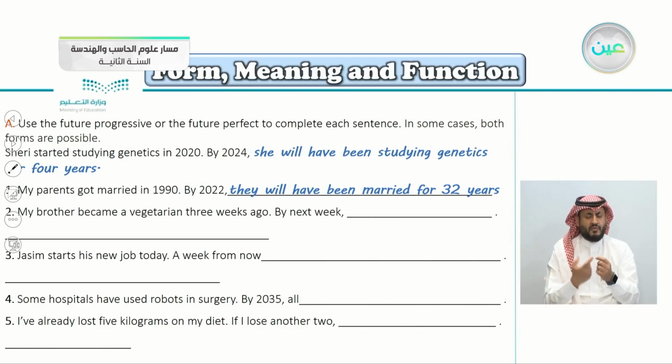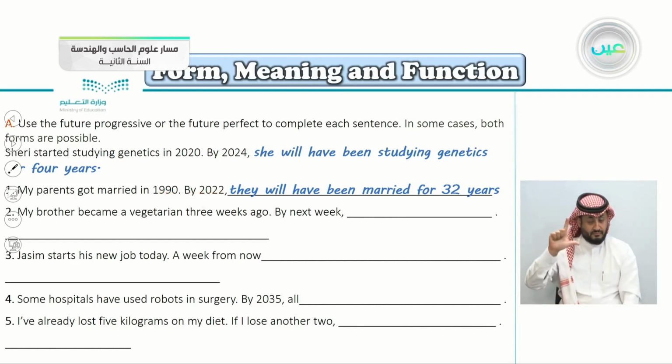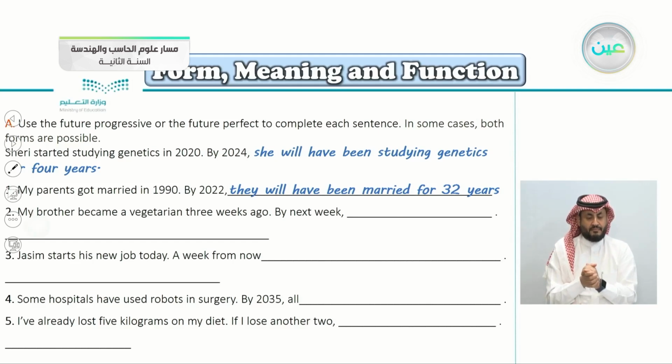My parents got married in 1990. By the year 2022, they will have been married for 32 years. Number two, my brother became a vegetarian 3 weeks ago. So 3 weeks ago. By next week, so how many weeks are there?